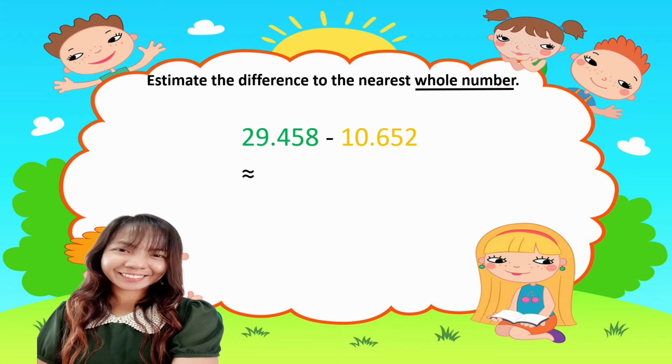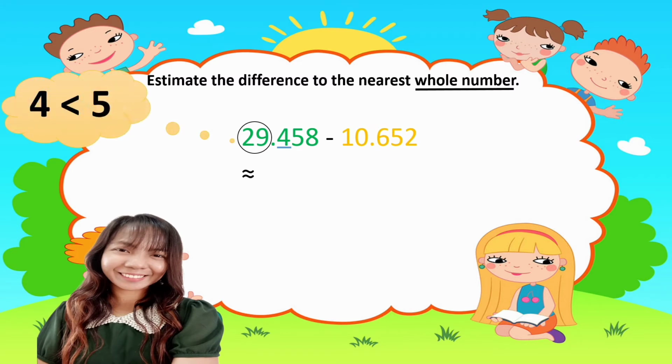29.458 minus 10.652. Since we are getting the difference, it's about subtraction. The whole number here is 29. The next number after 9 is 4. 4 is less than 5, which means don't add 1.